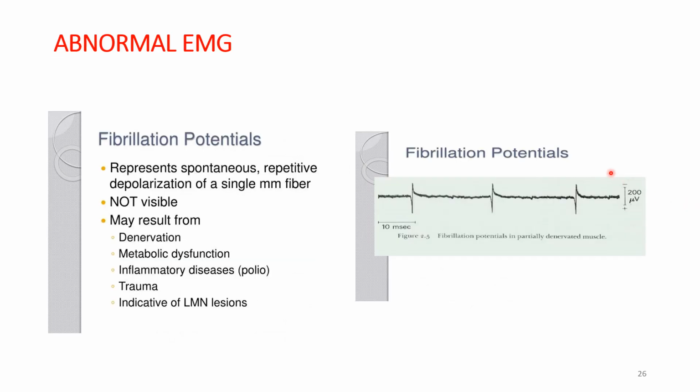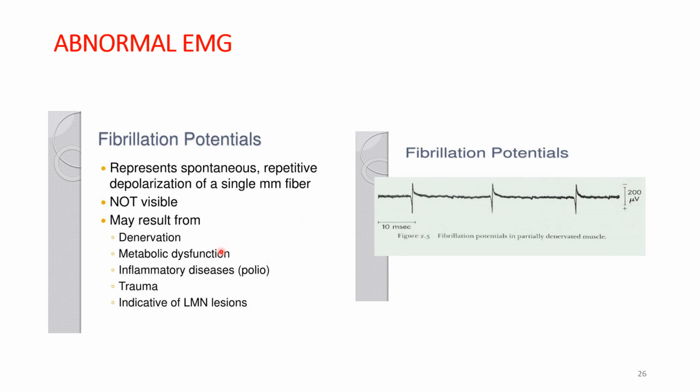Now coming to the abnormal patterns of the EMG. So what are these abnormal patterns? There may be fibrillation potentials. These represent spontaneous repetitive depolarizations of a single muscle fiber. So there will be spontaneous and repetitive depolarizations occurring in the single muscle fiber. They are not visible with the naked eye. Why are they coming?